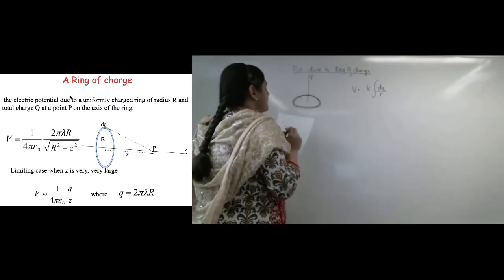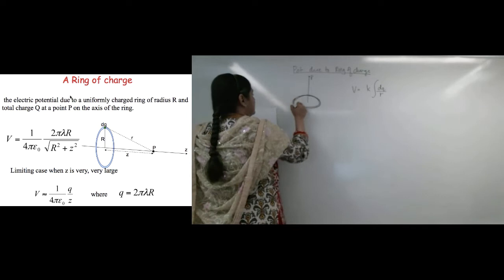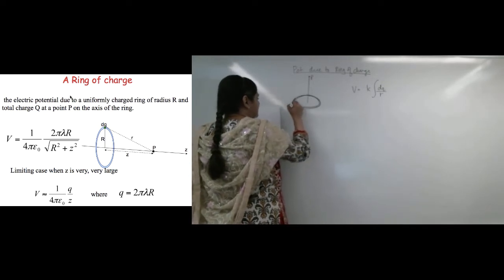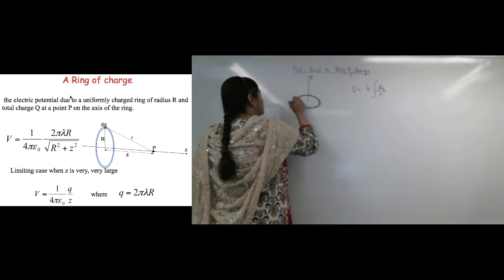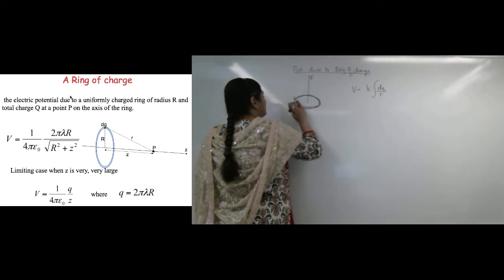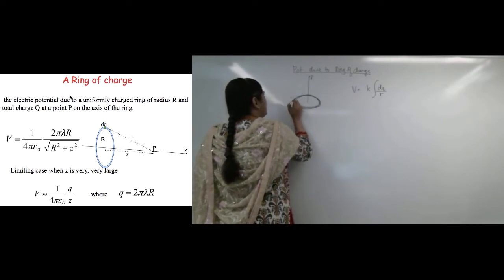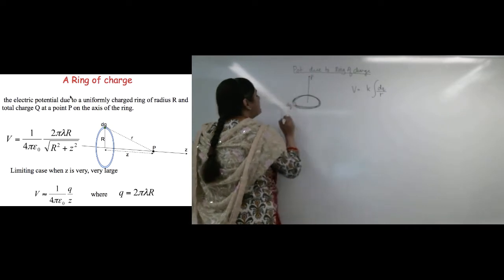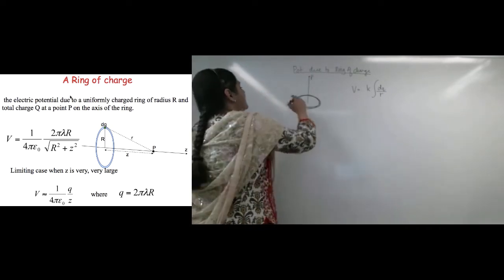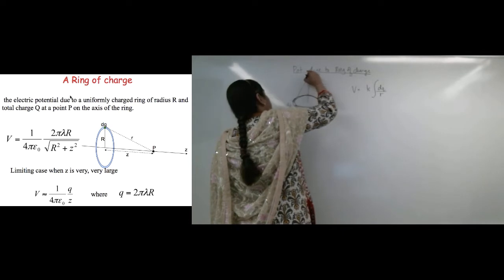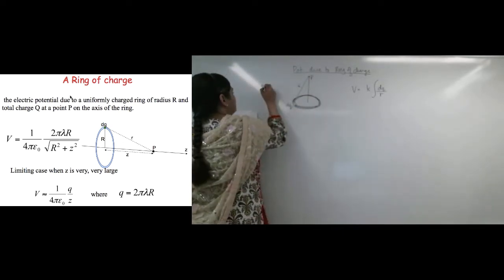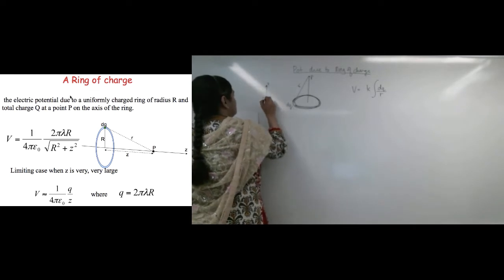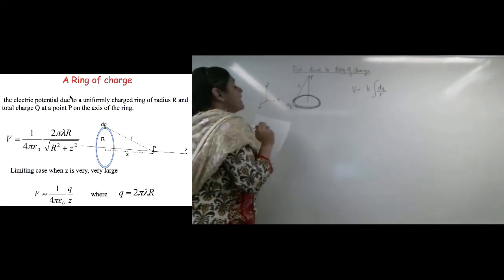I also know that if the ring is this shaped, I can take a segment of that ring and call it dq, to have charge dq. If I have this segment, I can call this one R, and I can call this direction Z, then this direction will be Y, and this direction will be X.